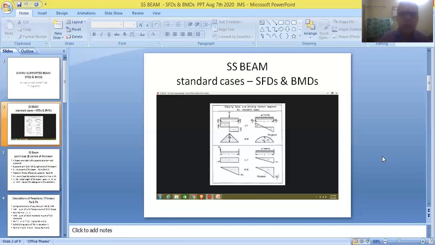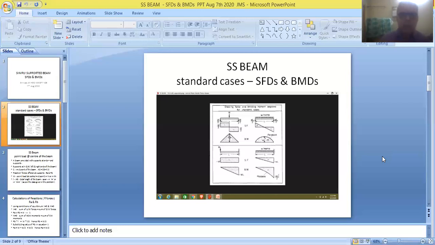Similarly, we can see a support at left end of this beam. Also, we can see another support provided at the right end of the beam. So this is also referred to as a simply supported beam. Now, friends, coming to the loads, here a point load is acting at the center of the beam. So we have to make calculations and construct shear force and bending moment diagrams.